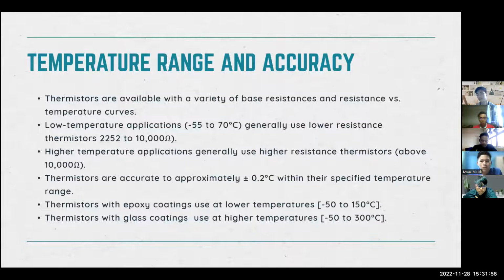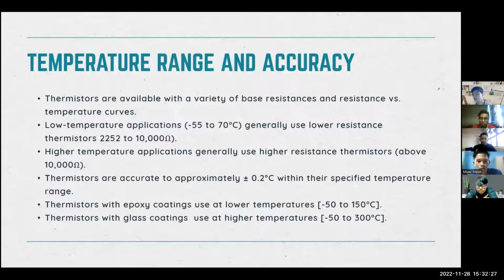So next for temperature range and accuracy. As you all know, sensors are available with a variety of base resistance, and actually it is the temperature which influences the resistance itself. So for the low temperature application, which is negative 50 to 70 Celsius, we use a lower resistor, which is 2252 to 10,000 ohm.